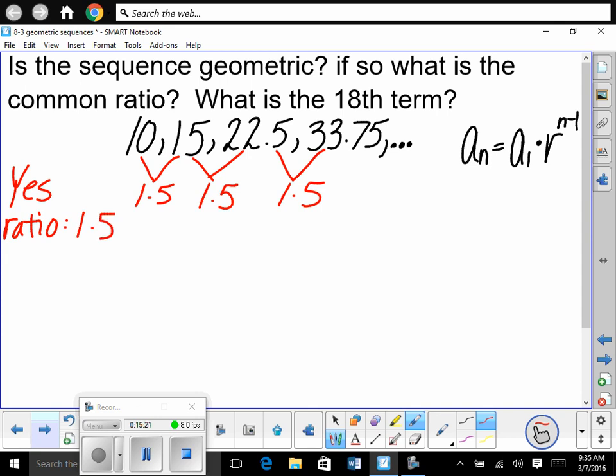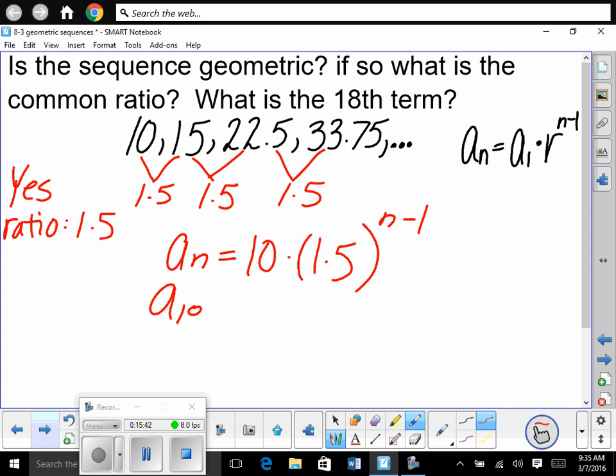So now we're finding the 18th term. I'm going to write an explicit definition here. We know a sub n is equal to a sub 1, which is the first term, so 10 times our common ratio, which is 1.5, raised to the n minus 1. Now we're talking 18th term, so that'll be a sub 18.